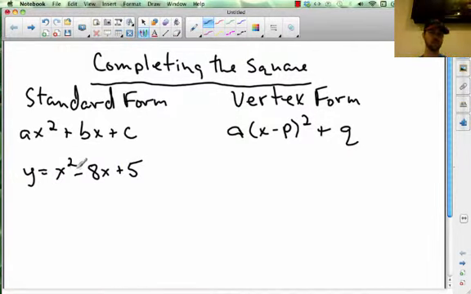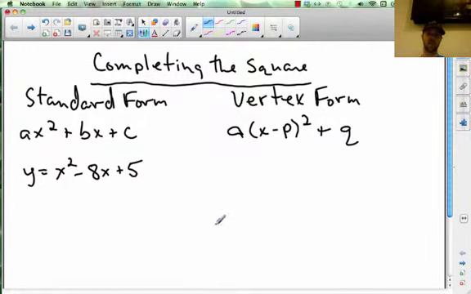So what this means is that we take whatever is in here and we want to somehow turn this x squared minus 8x into a perfect trinomial that we could then write as the square of a binomial.